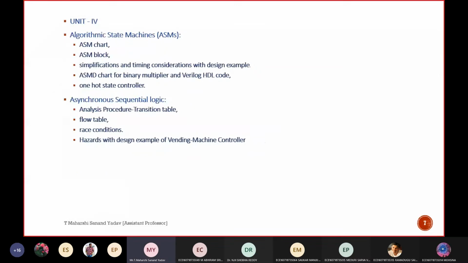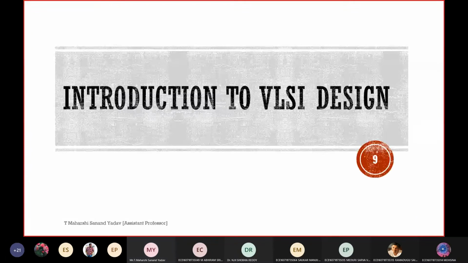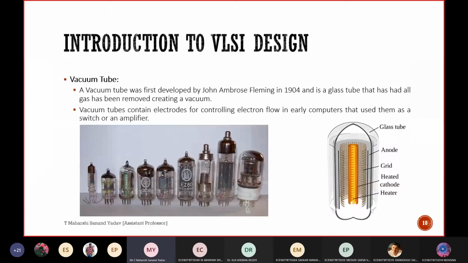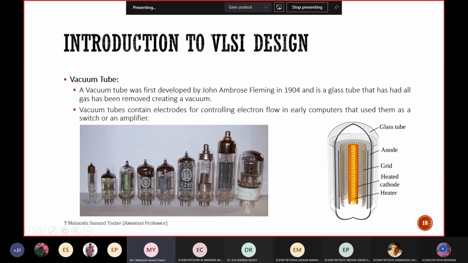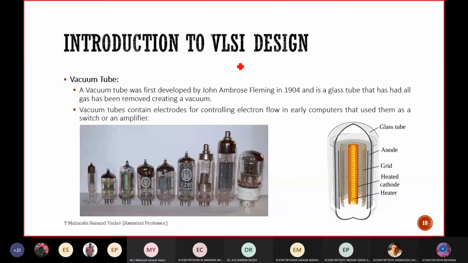So yesterday we went through a discussion about the syllabus as well as course objectives and outcomes. So, introduction to VLSI design. I think we discussed some of the basics yesterday. Can anyone tell me what this vacuum tube is?